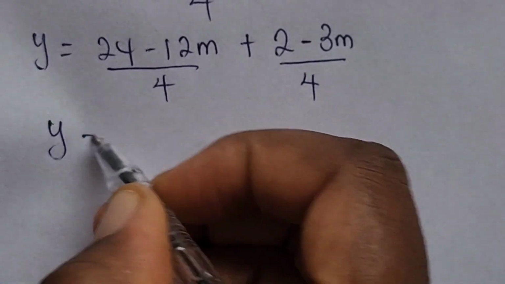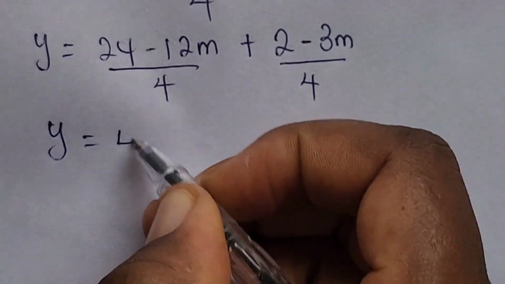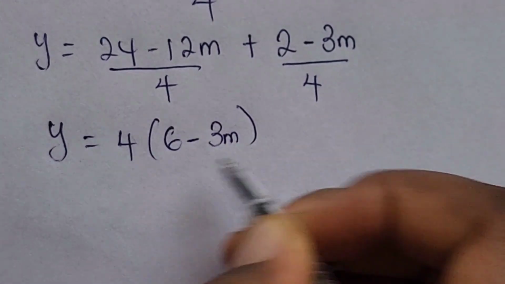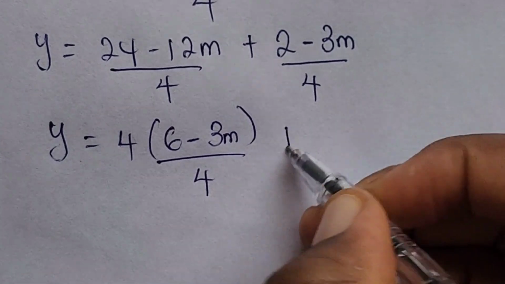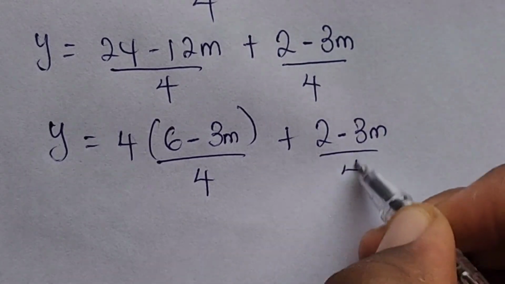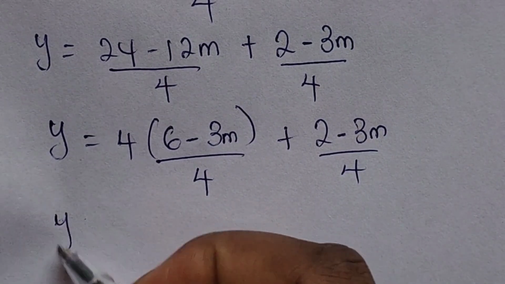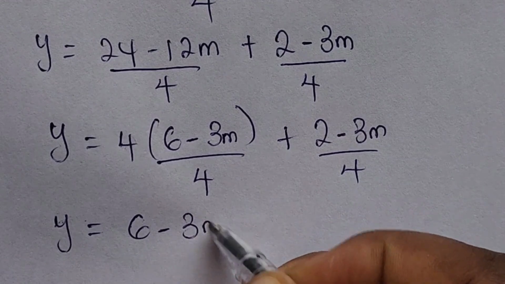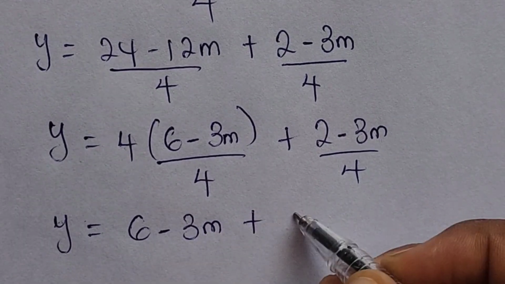When we factor out 4 from here, we have 6 minus 3m, and plus 2 minus 3m all over 4. So our y is equal to, this cancels this, 6 minus 3m plus we have 2 minus 3m over 4.